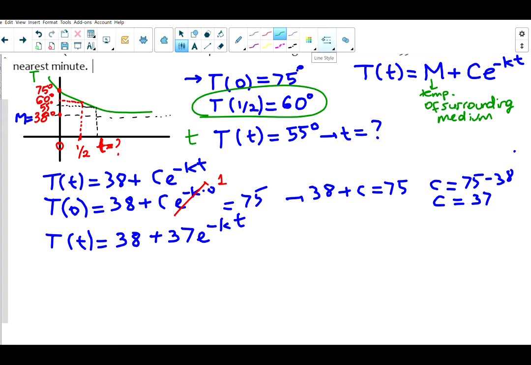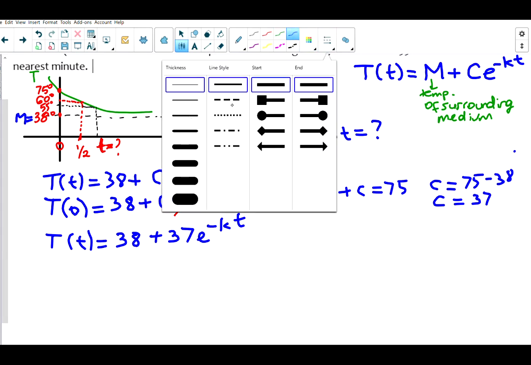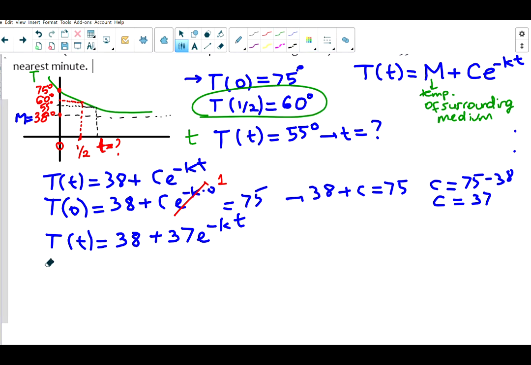I'm going to plug in T equals 1/2 into this equation. So T of 1/2 equals 38 plus 37 times e to the negative, K is still the unknown, times 1/2. And set the whole thing equal to what's given, which is 60 degrees.